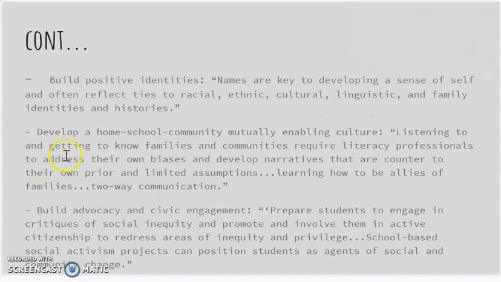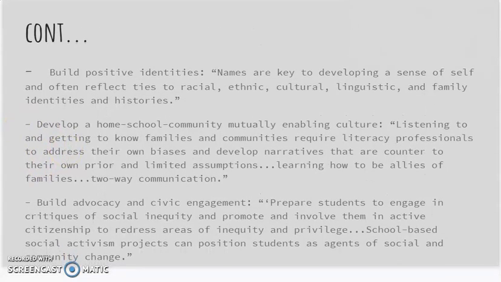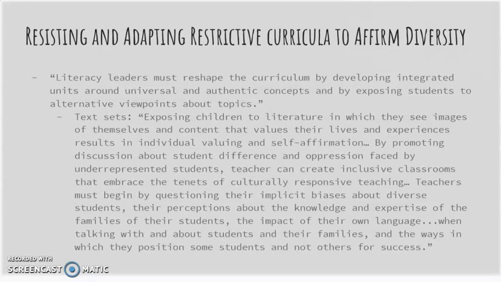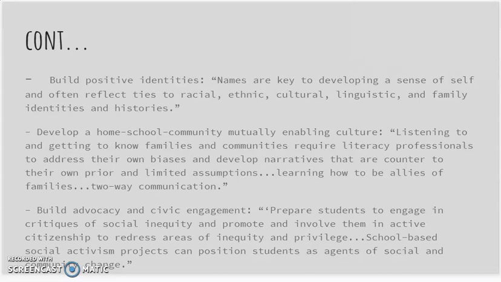Some other ways to adapt that restrictive curriculum. They talked a lot about names and building positive identities for students, helping them share biographical information and history, and using their names and their stories to really help them have that positive identity.